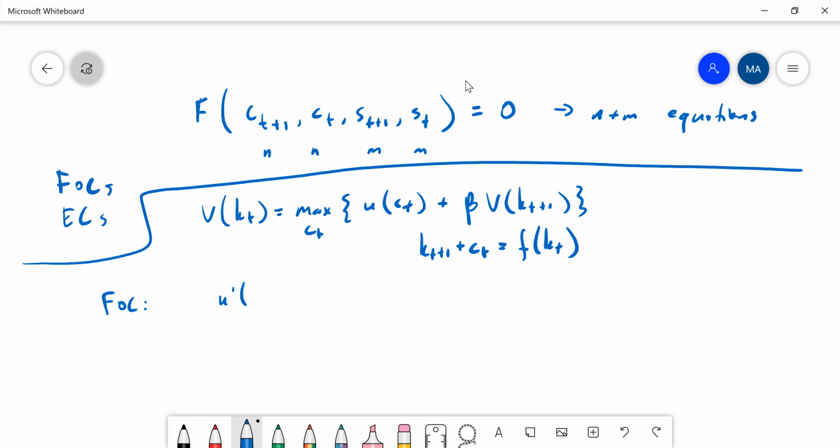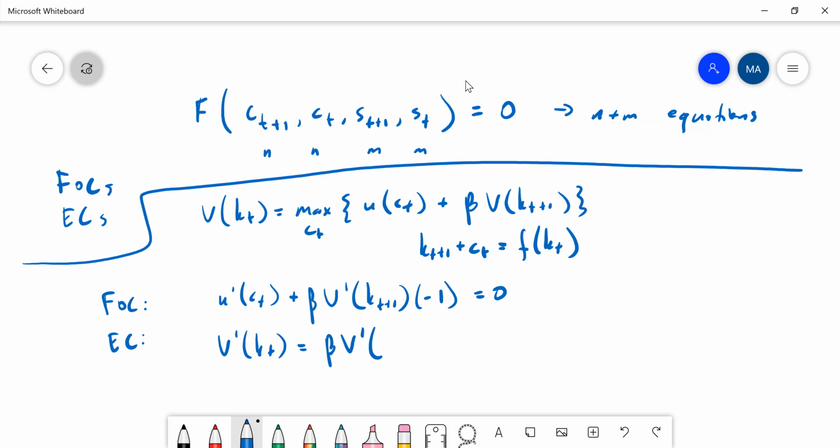So this is just one equation, right? u prime of c t minus beta V prime of k t plus 1 equals 0, let's say. Then you have the envelope condition. Okay, your envelope condition is V prime of k t equals beta V prime of k t plus 1 times f prime of k t, right? And then you have the constraint as well. So you have basically three equations.